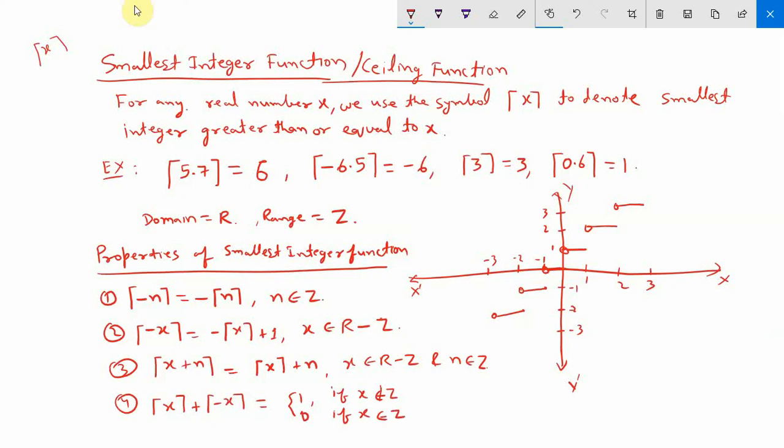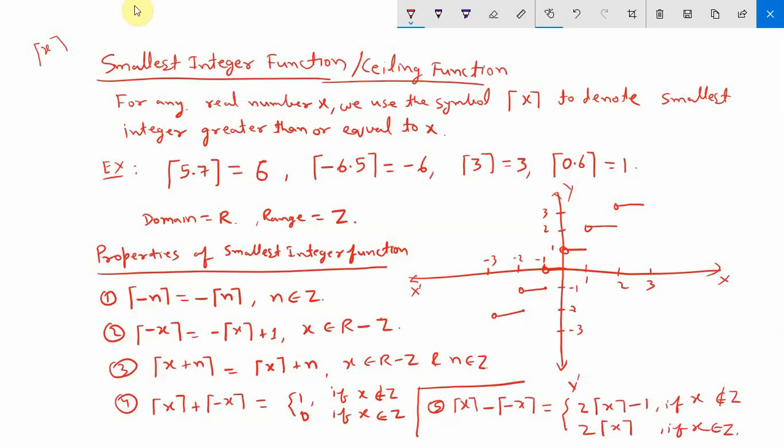Okay. Next one is the fifth property: the smallest integer function of x minus the smallest integer function of minus x will be equal to twice the smallest integer function of x minus 1 if x is not an integer, and twice the smallest integer function of x if x is an integer.